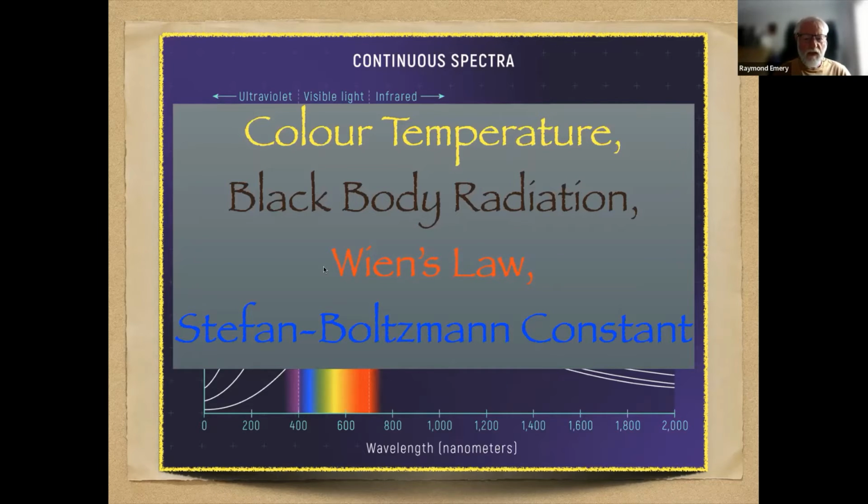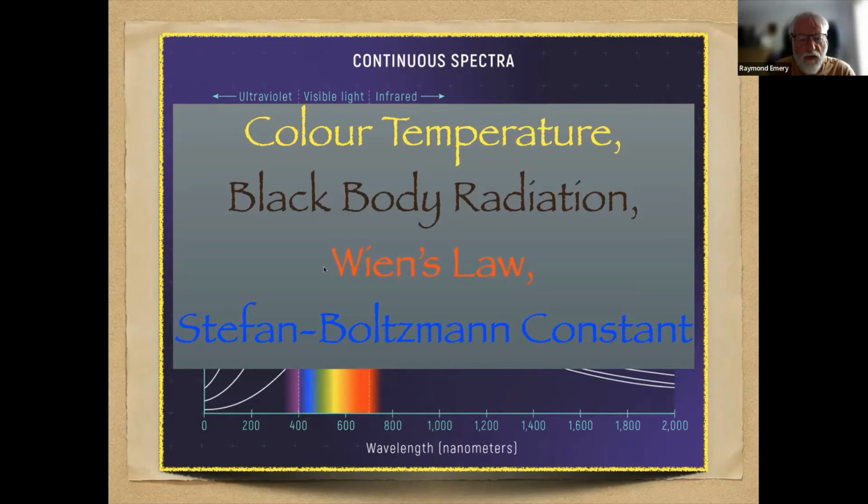Wien's law comes into play with the spread of the radiation through the spectrum of the emitter. It needn't be a star, it could be a tungsten lamp or whatever it may be. And this goes according to the temperature of the emitting body, this hypothetical black body.